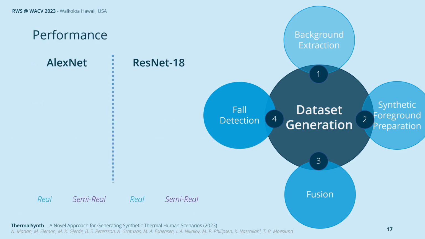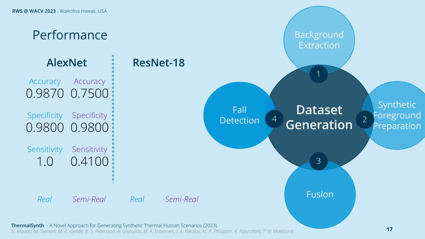So when we look at the performance, we can see that AlexNet is reaching an astonishing accuracy of 98.7% when it comes to full classification capabilities. This refers to the real data sets that we tested on.